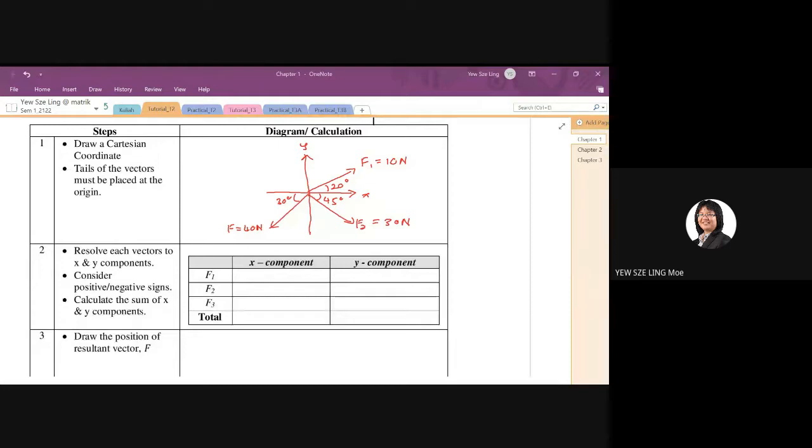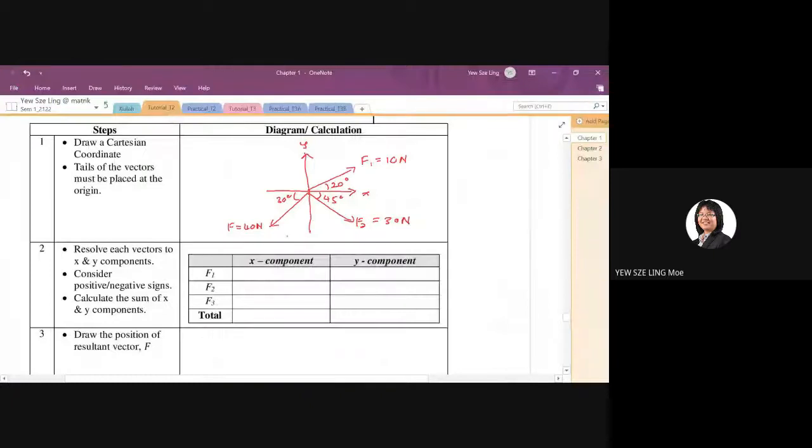And the next one asks you to resolve the vector. What I like to do is I will straight away resolve it in the table. So F1, if you look at the diagram, is in the first quadrant, and the angle is located beside the x component, which means for the x component we are going to use cos.